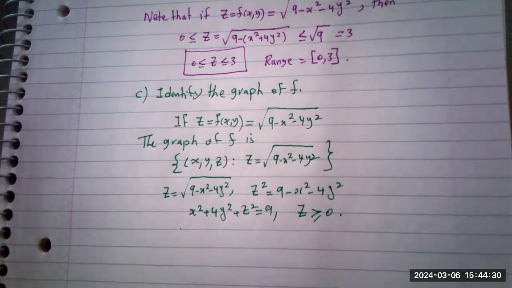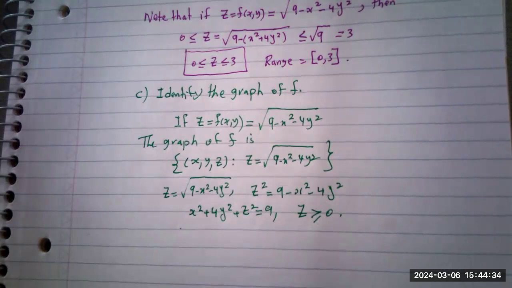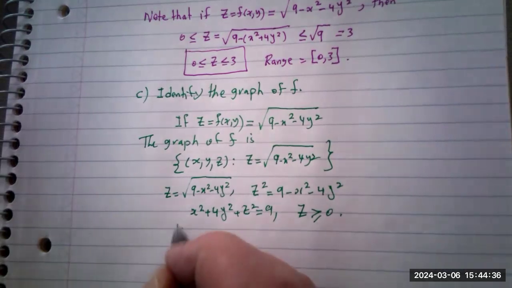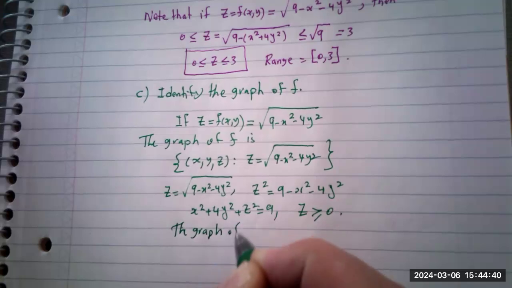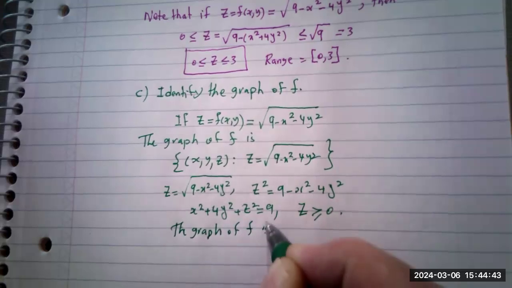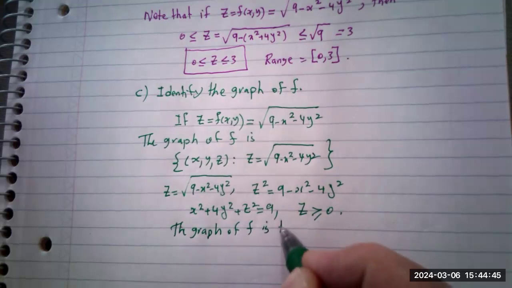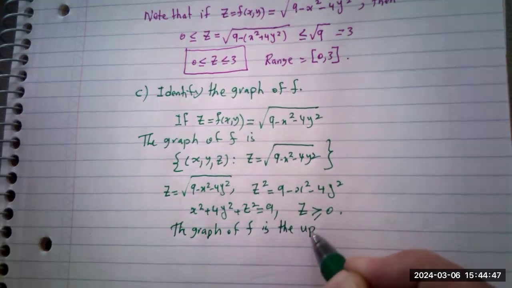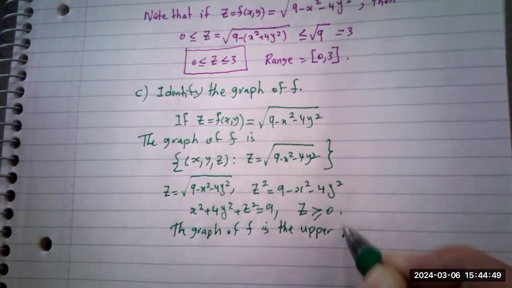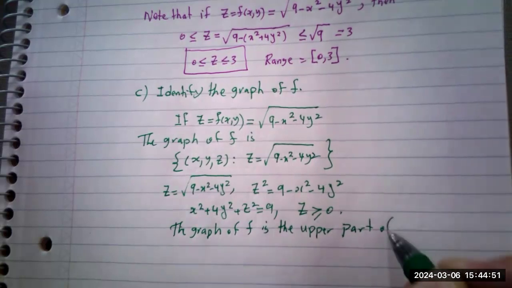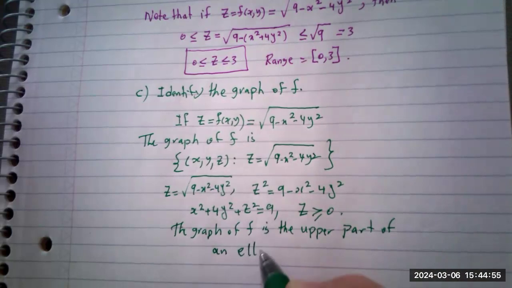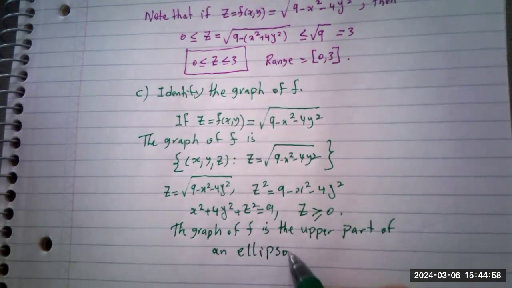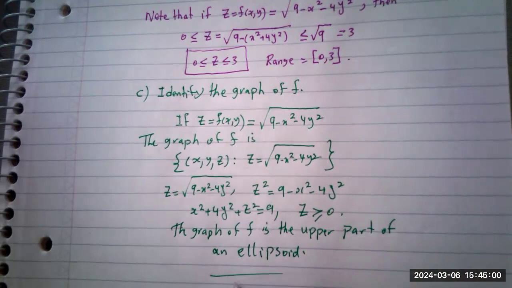Because they ask you to identify the graph, you have to tell us what it is. So this is going to be the final answer: the graph of f is the upper part of an ellipsoid, egg shape if you like.